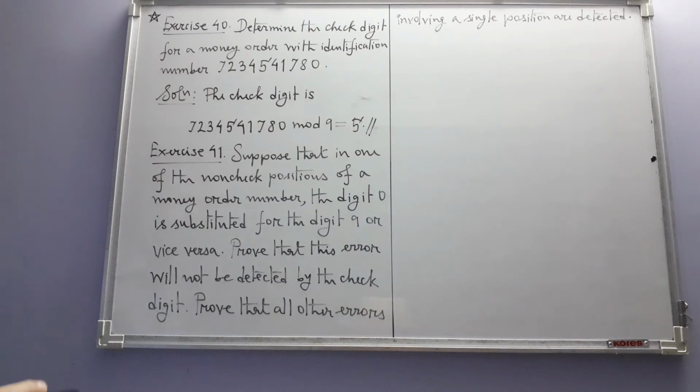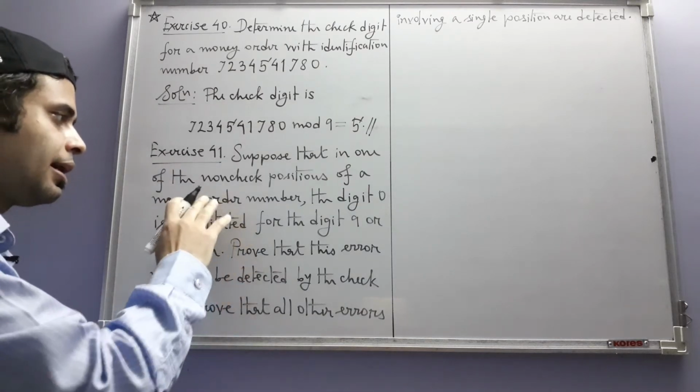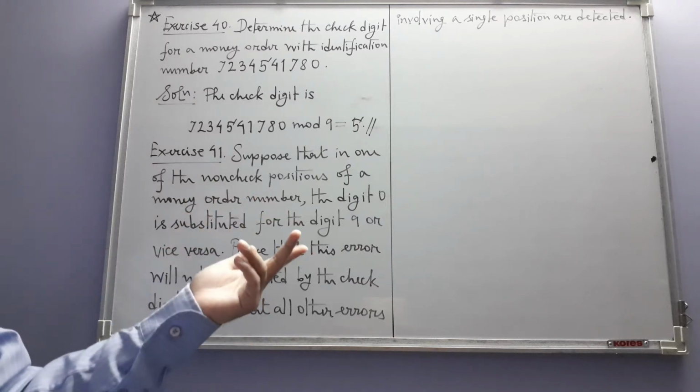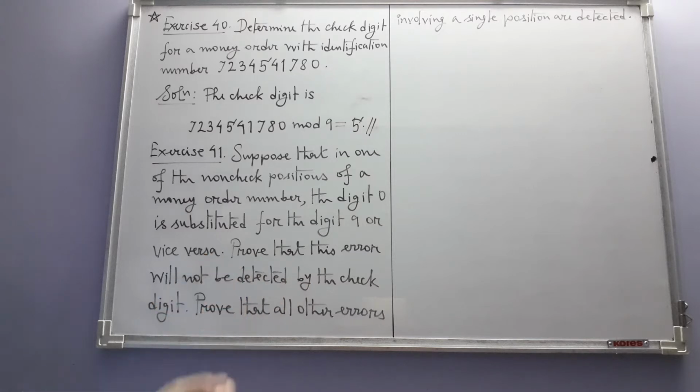So we have a money order number which has two parts. One part is the number itself, and that is accompanied by a check digit.